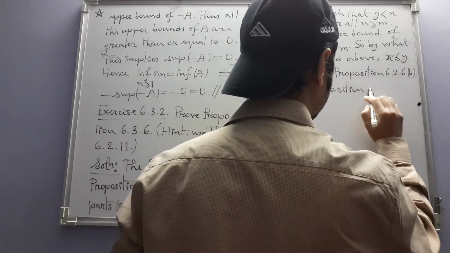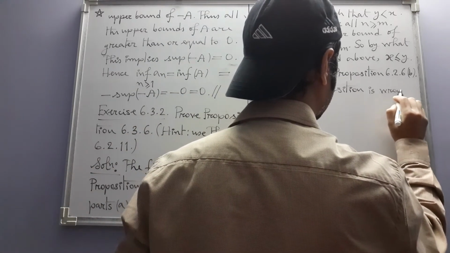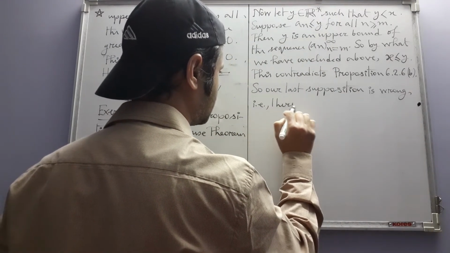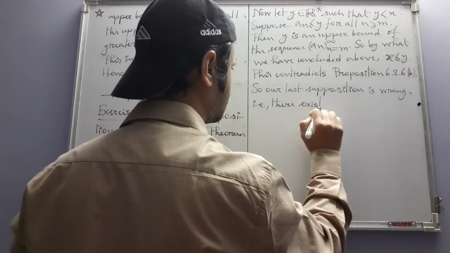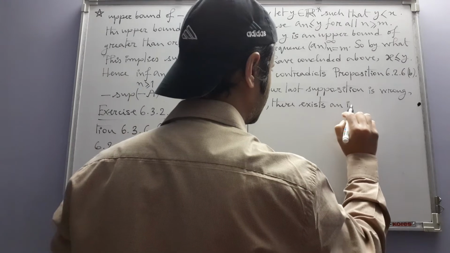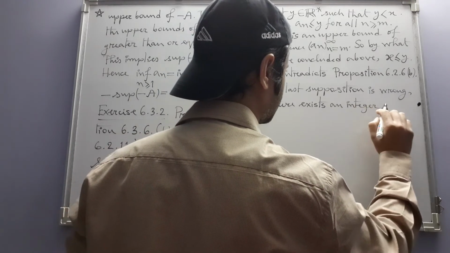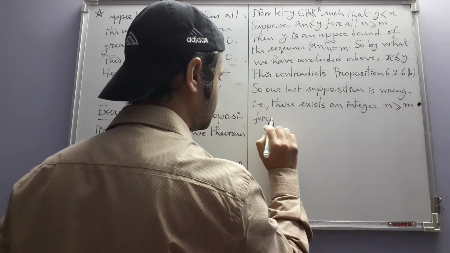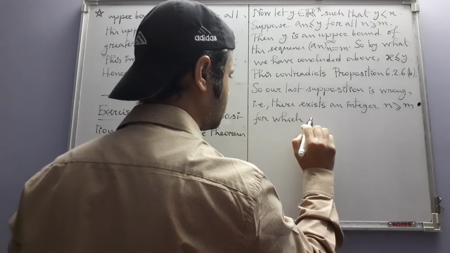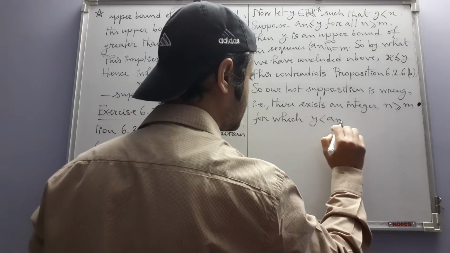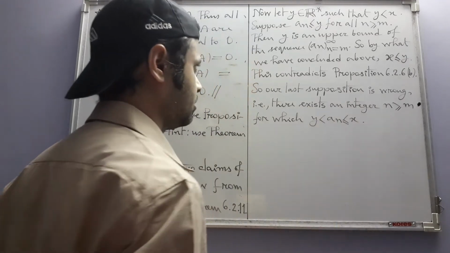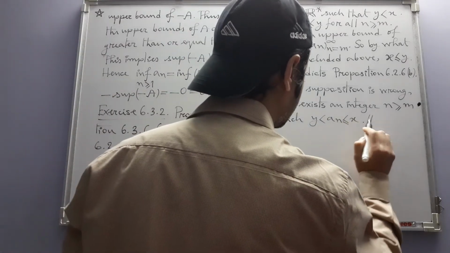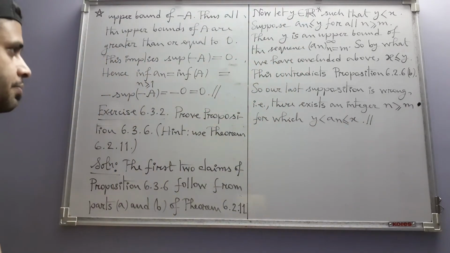So our last supposition is wrong. That is, there exists an integer n greater than or equal to m for which y is strictly less than an, and an of course is less than or equal to x. So this completes the solution, and hence it also completes the proof of this proposition.